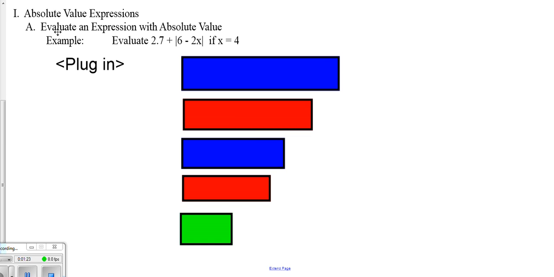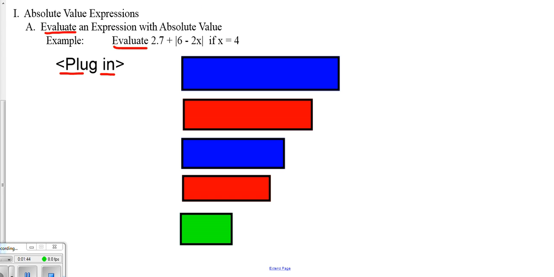For our first example, we're going to evaluate an expression with an absolute value. Now when you see this word evaluate, you should be thinking plug in or solve. Anytime you're evaluating or solving, you're just plugging in this x value.